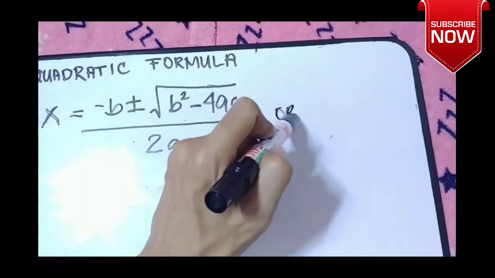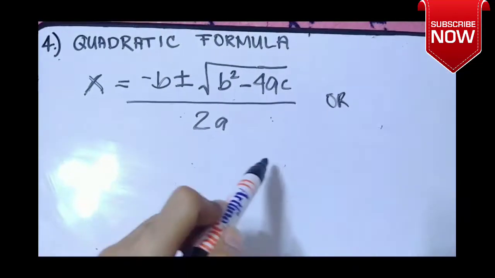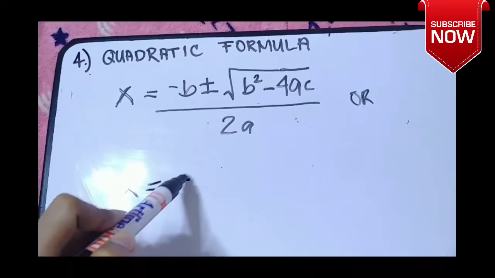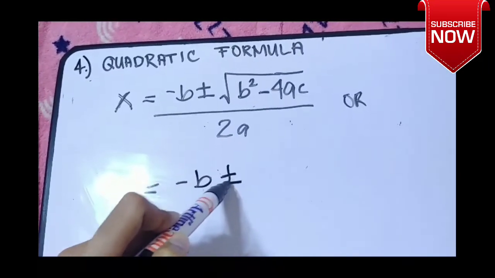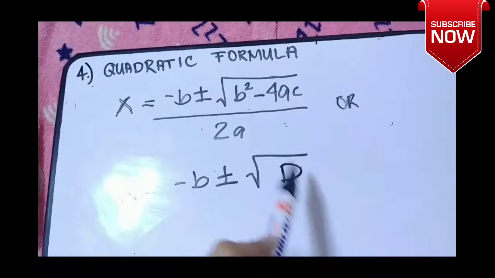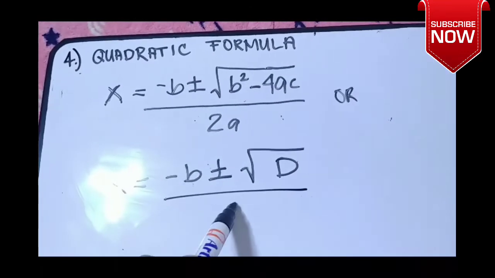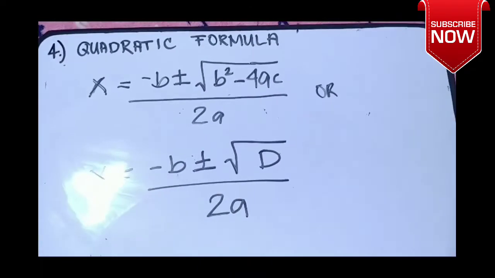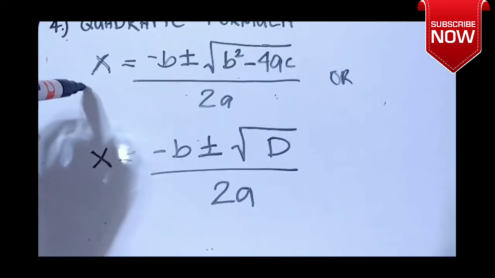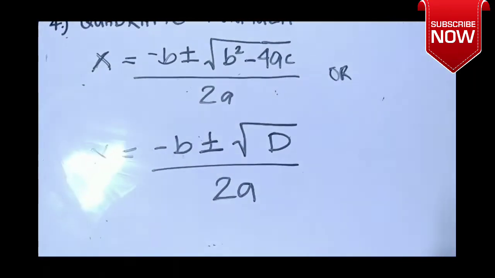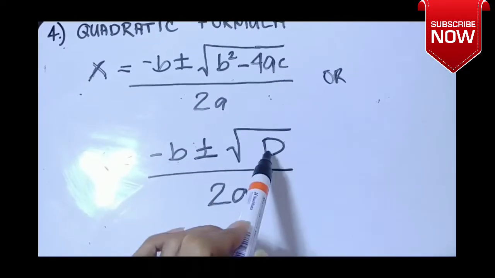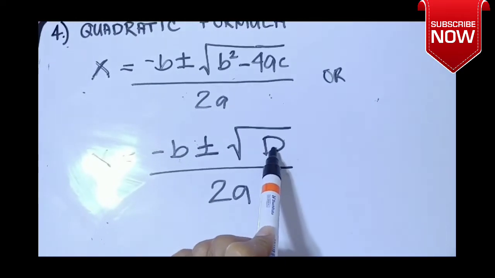Or, pwede mo rin siyang i-rewrite ng x equals negative b plus or minus square root of discriminant all over 2a. So, nasa solver na kung which of these equations or formula ang gagamitin niya. Pareho lang yung value. Provided na itong D, lagi mong tatandaan na yan ay short for discriminant.